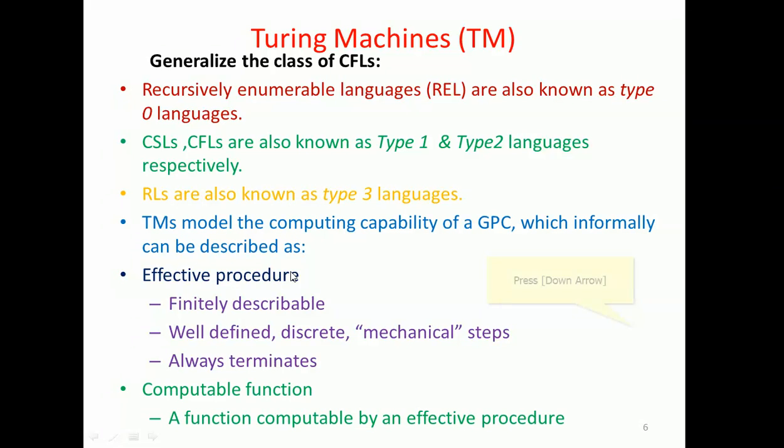Now, computable functions: a function computable by an effective procedure. We call a function computable when it follows very effective principles or protocols, and those protocols can be expressed through these effective procedures.